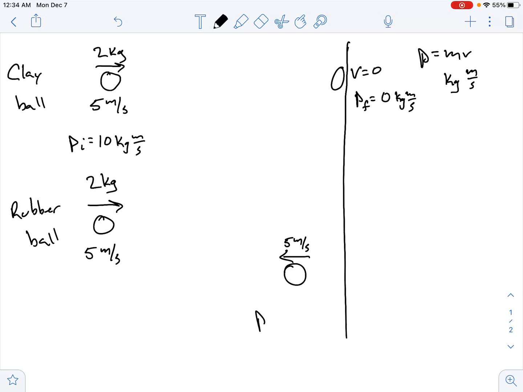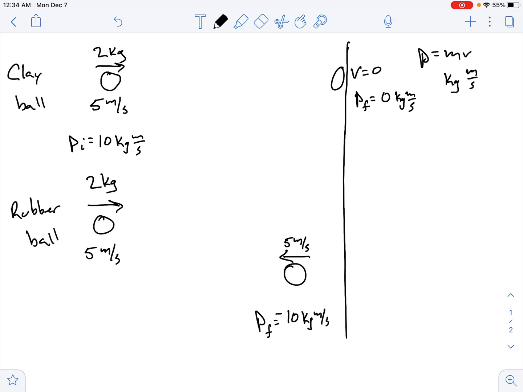That means it now has a final momentum of again 10 kilogram meters per second. However, thinking of the fact that direction matters, it is now moving to the left, which means it's going to have a momentum of negative 10 kilogram meters per second.